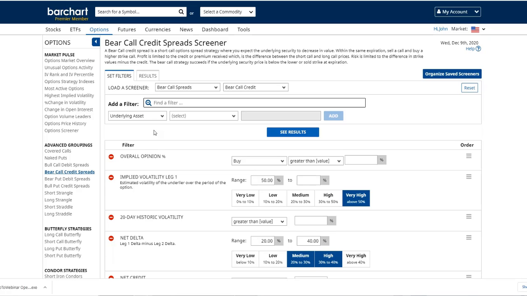All right, let me double check our questions. I do see a question that just popped in. The question says, so assignment is only possible after the close of the day, not during the opening hours, in case expiration is not yet reached. So yes, you could receive an assignment notice on the opening of the day, but the way options work is that you won't be assigned until the end of the day.